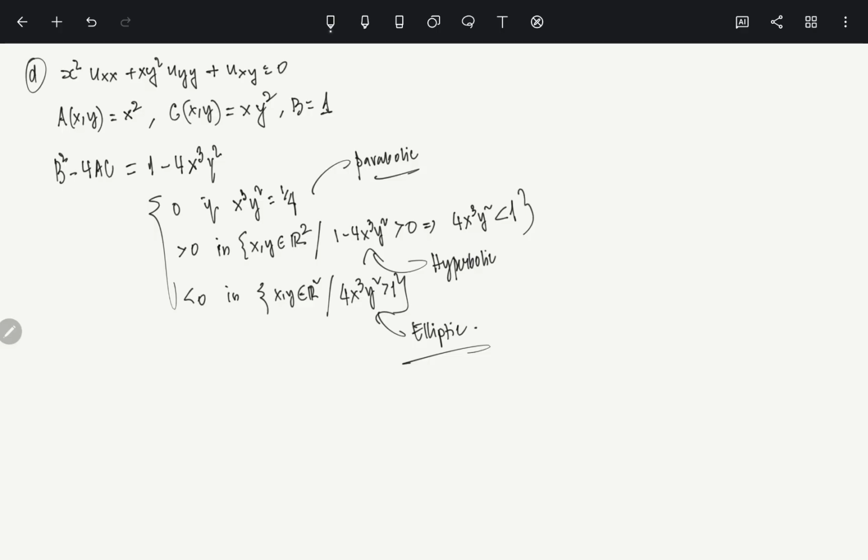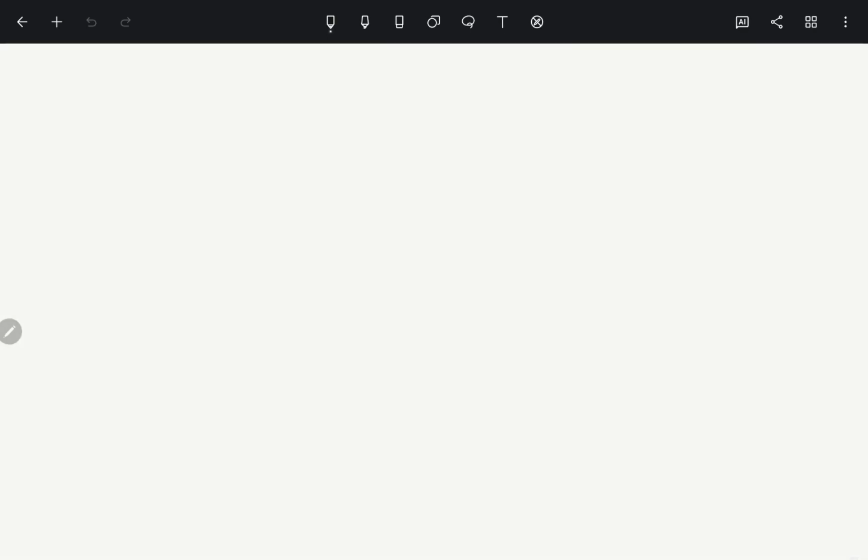Now let's look at it. What are we trying to do? As I told you, there is a change of variable which reduces the whole problem to a much simpler problem. Let's understand that. So what is our equation?